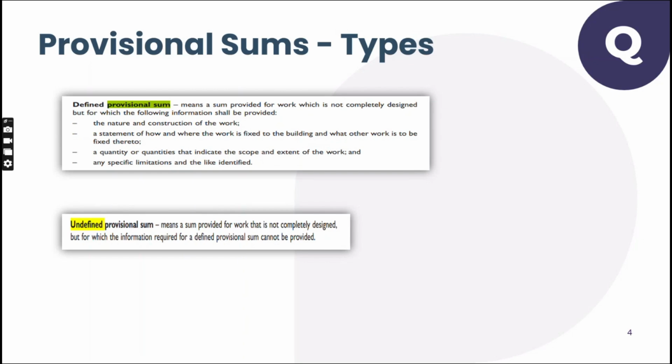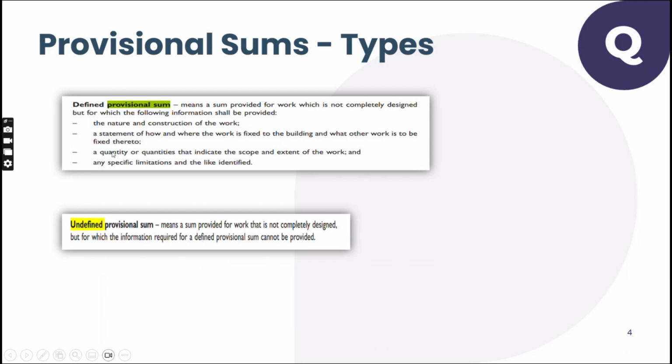A quantity or quantities that indicate the scope and extent of the work. Quantity means a landscape work. Quantities means the ingredients of the landscape, how many softscape, how many shrubs, how many flowers, how many trees. So as I said, design is not accurately available. You will have maybe quantity only, not quantities.